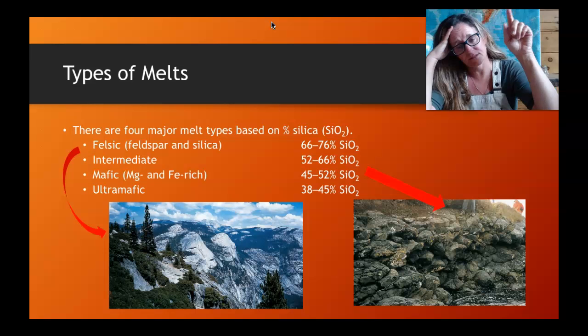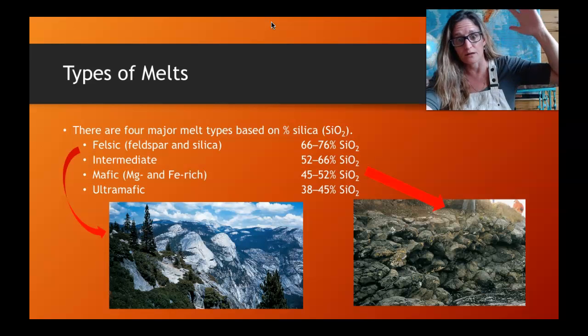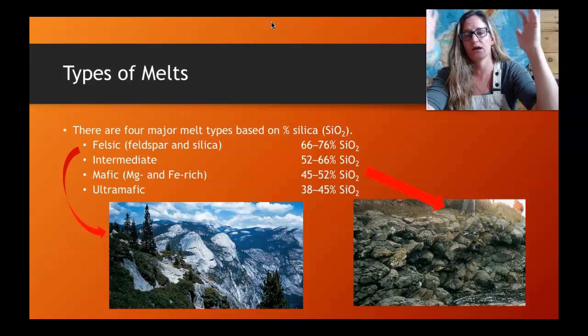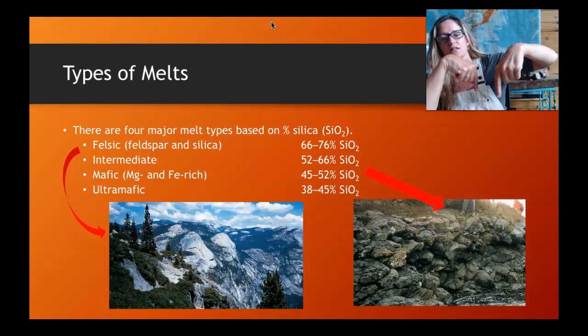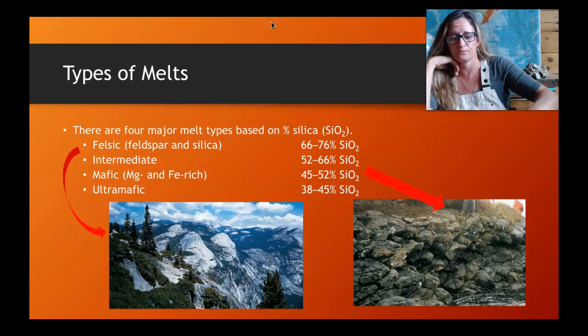That has way less silica in it, about half, 45 to 52%. Ultramafic, meaning way mafic, way more magnesium, way more iron, is going to be as low as 36% silica up to 45. So those are going to be darker colored rocks that have more magnesium and iron in them.